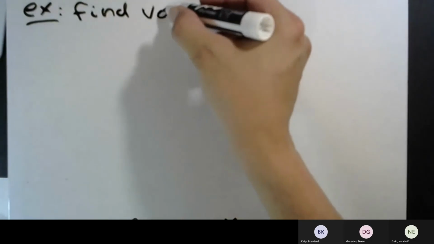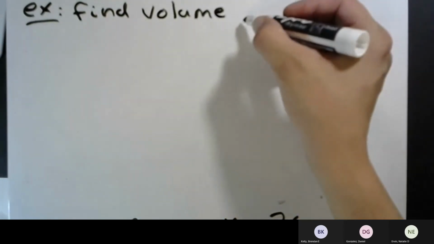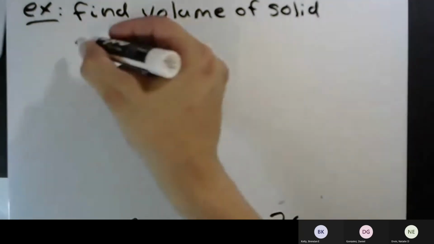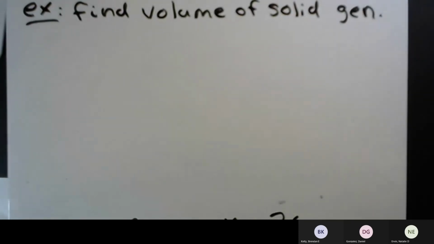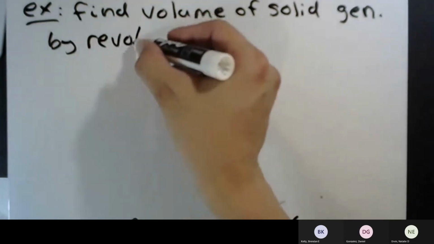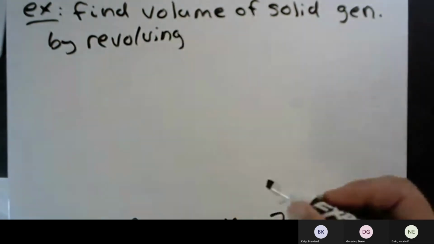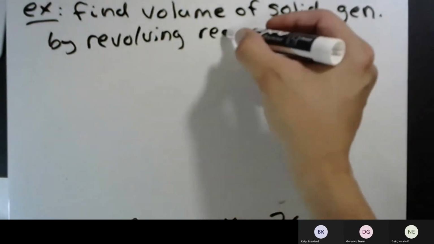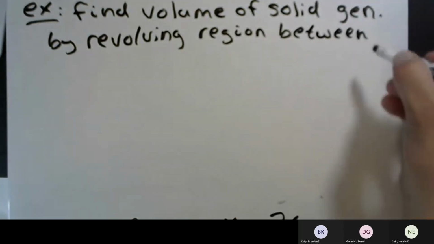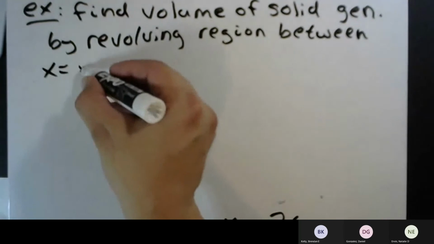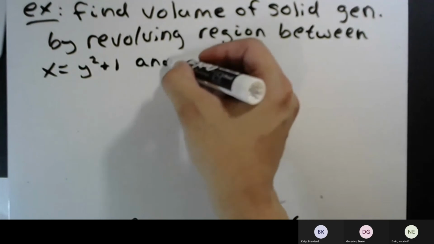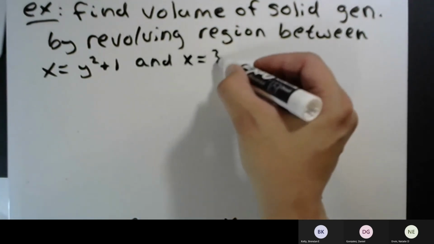So find the volume of a solid generated by revolving the region between x equals y squared plus 1 and x equals 3.